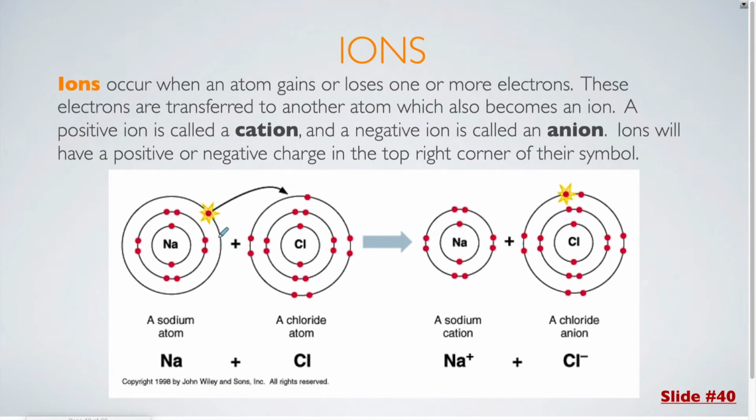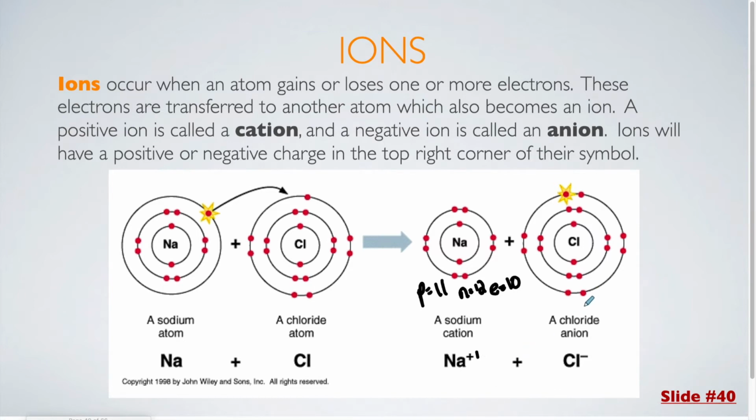When sodium loses this one electron, it now has 11 protons, 12 neutrons, and 10 electrons. Because it now has more positive charge than negative charge, it ends up with a +1 charge overall.